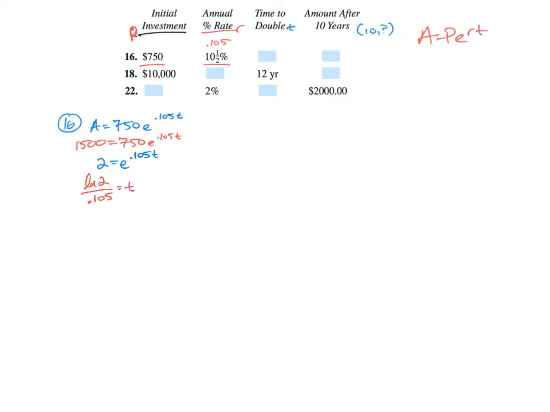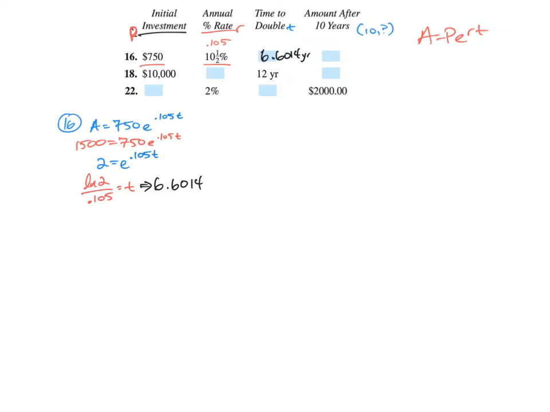So type that into my handy dandy calculator. It's 6.6014. All right. So time to double is 6.6014 years.